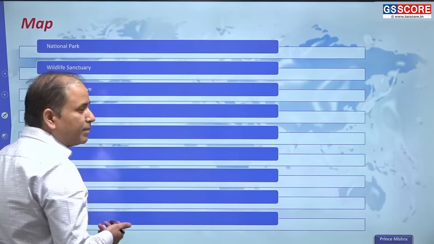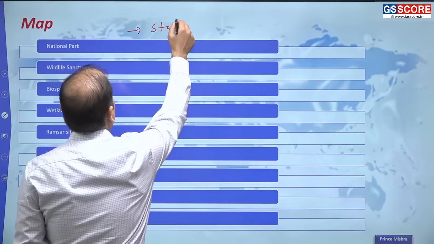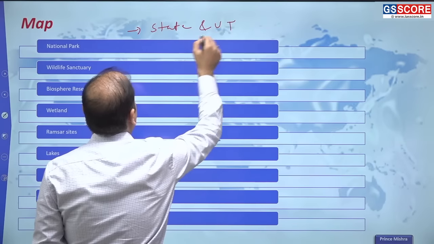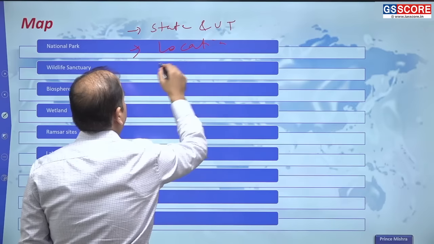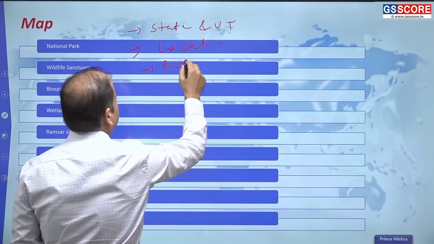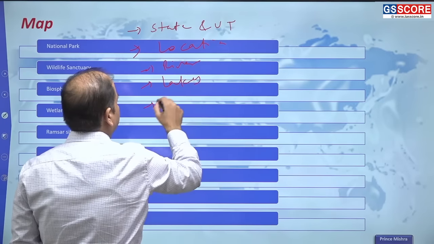So as far as the India map is concerned, as I said, first of all you need to prepare the states and UTs, that is location, then you need to prepare the rivers, then the lakes, ponds, canals.